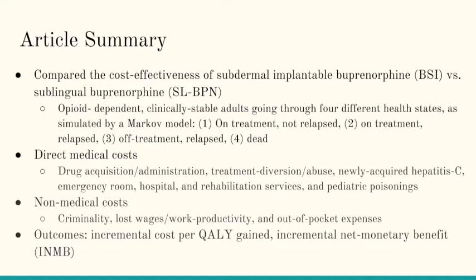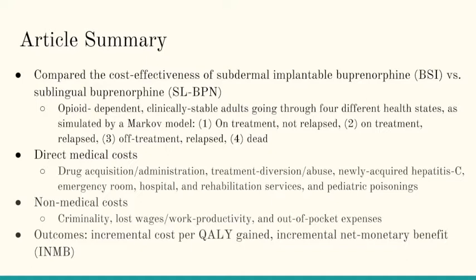The authors used a Markov model, which is a specific type of model in probability theory, to simulate 4 different patient cohorts going through 4 different health states, namely on treatment and not relapsed, on treatment and relapsed, off treatment and relapsed, and patients who passed away. The probabilities of transitioning to a relapsed state were derived from a previous trial.